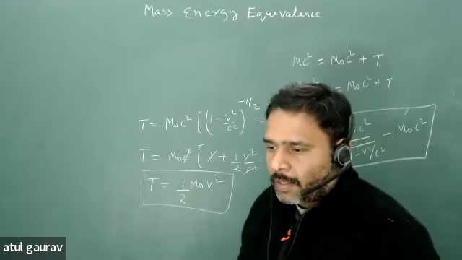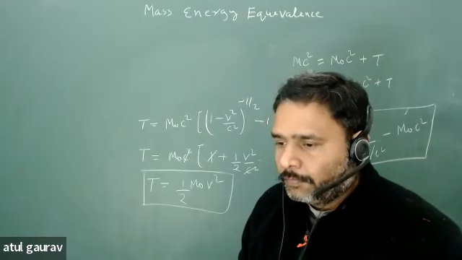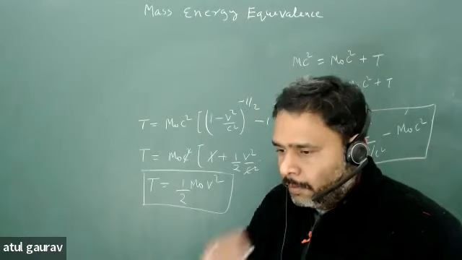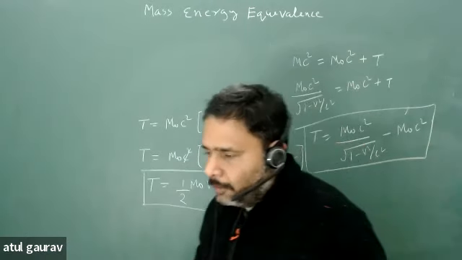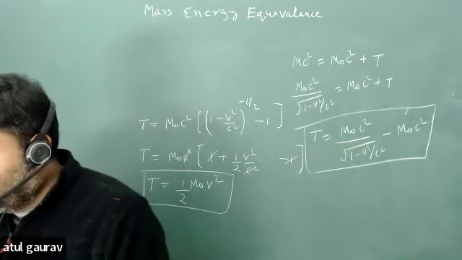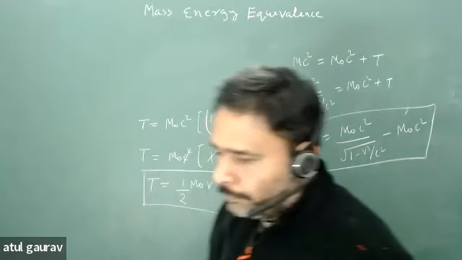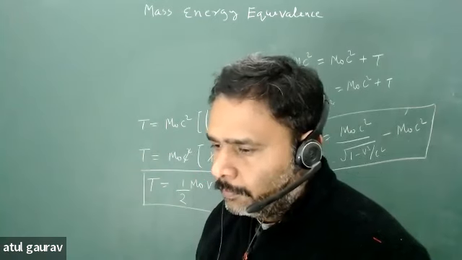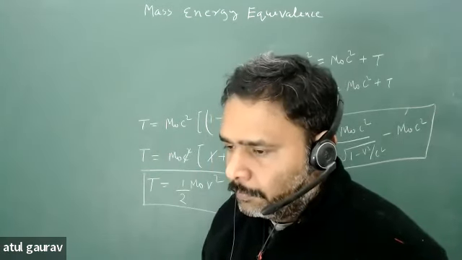Can you see that? If you have any question, sir, you can ask right now. Sir, we are saying mass and energy. Mass and energy means mass can be converted into energy, and energy can be converted into mass.